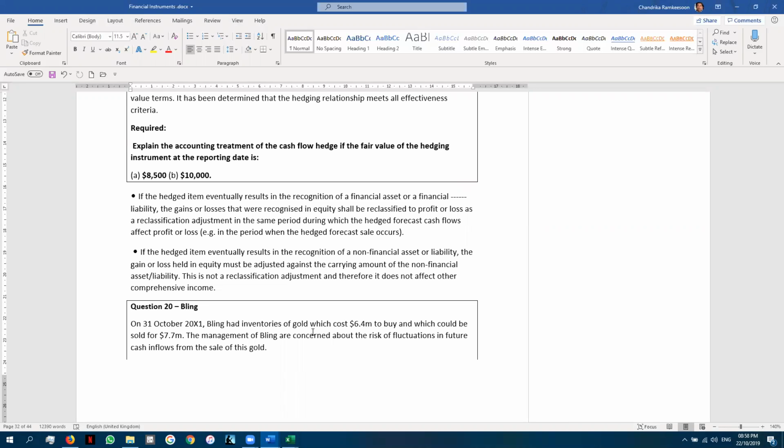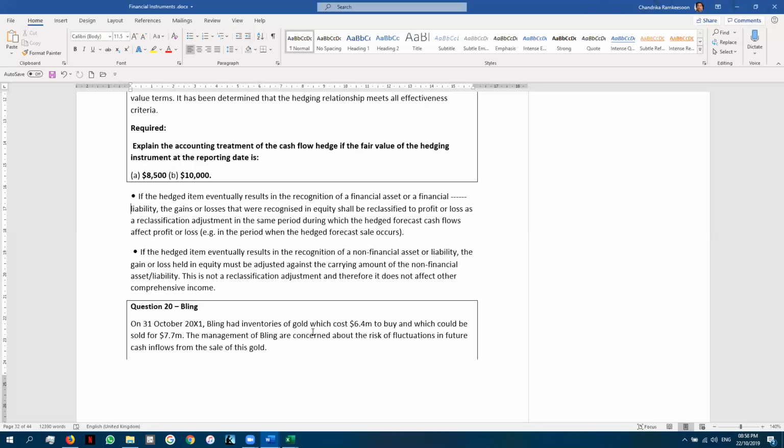If the hedged item eventually results in the recognition of a financial asset or a financial liability, the gains or losses that were recognized in equity shall be reclassified to P&L as a reclassification adjustment in the same period during which the hedged forecast cash flows affect profit or loss. Example, in the period where the hedged forecast sale occurs.